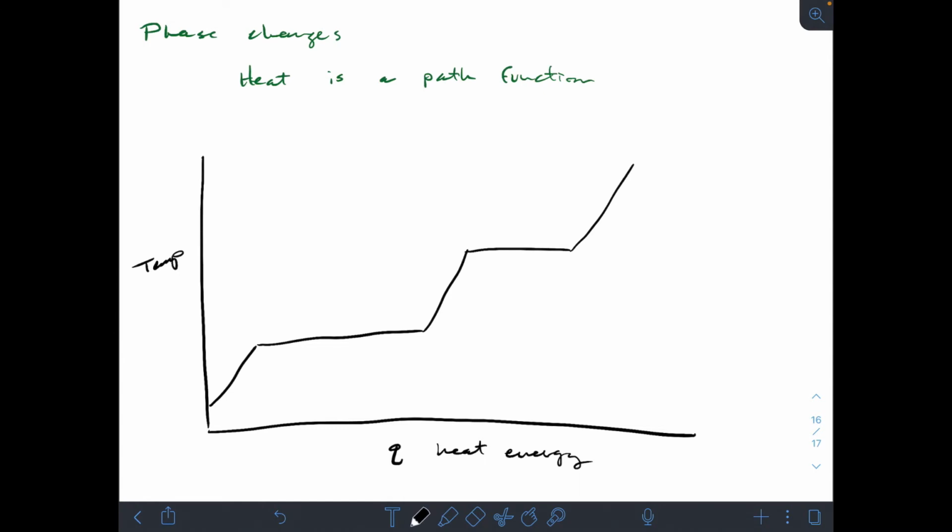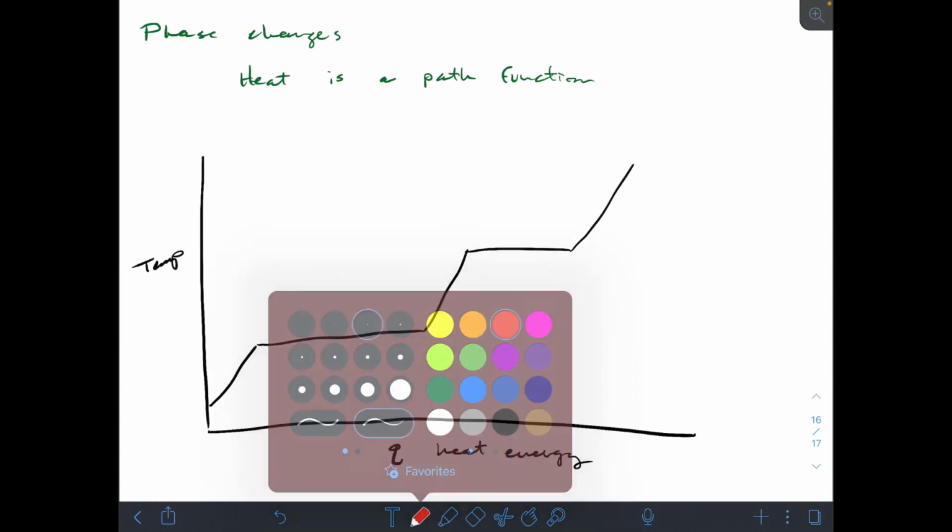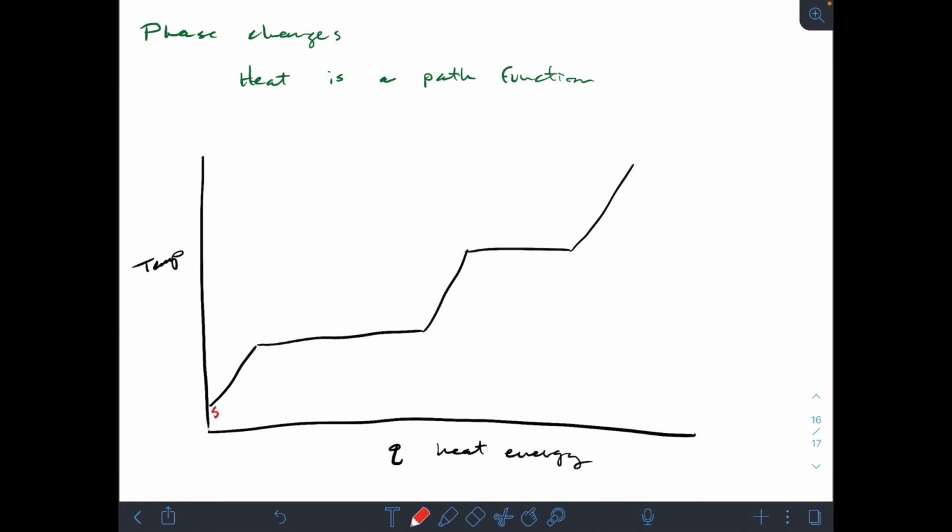All right, so where we begin our diagram on the bottom left, this is our solid. Our next increase in temperature, that's where our liquid lives. And the third increase is where the gas phase lives.